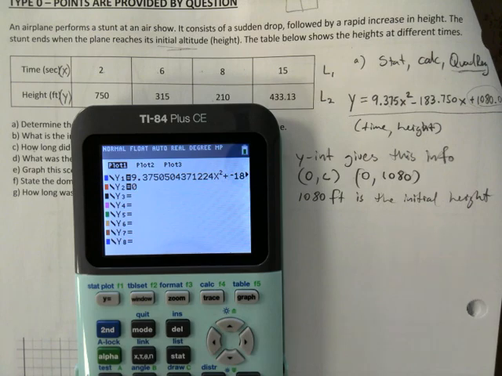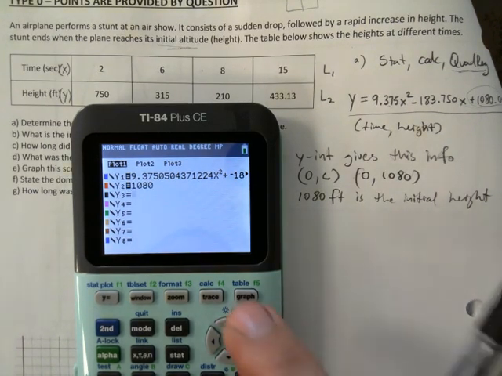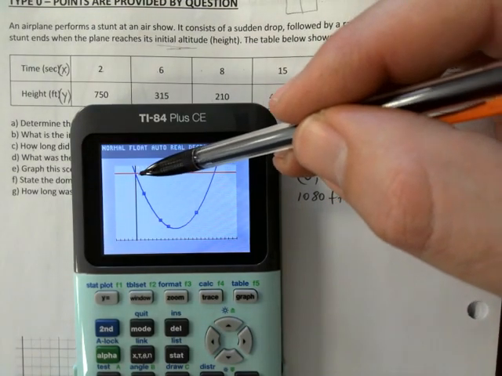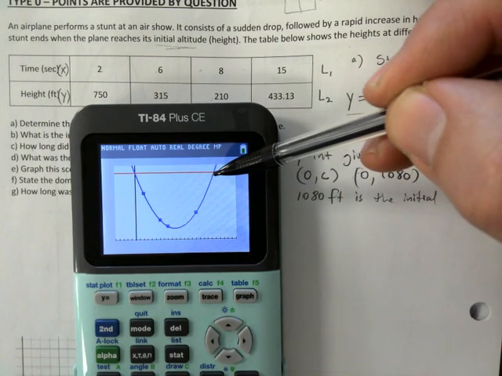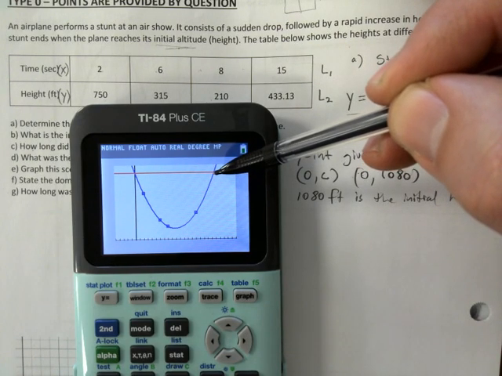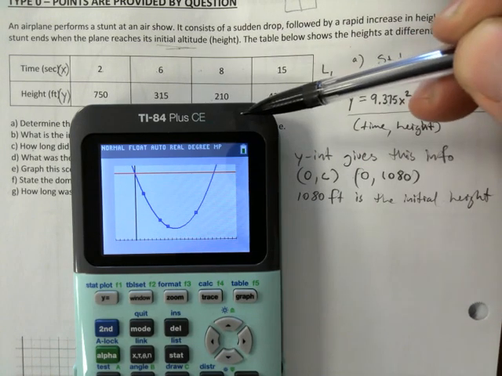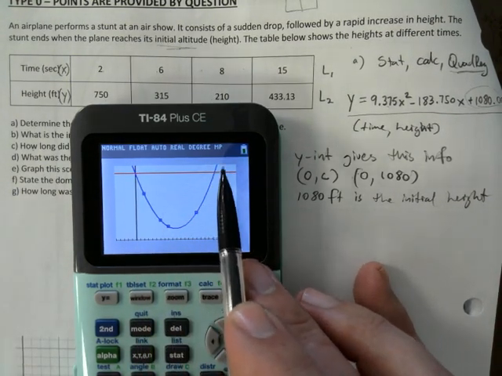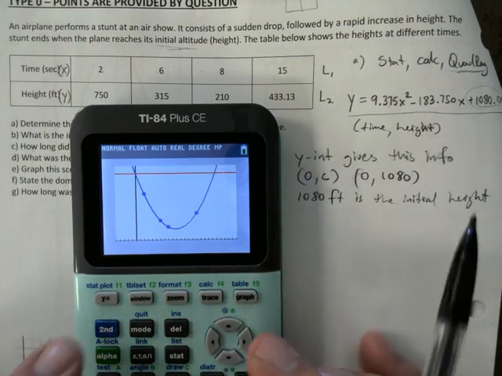Y2 is equal to what? 1080. That's right. So this tells me action starts here, it ends here. That's when the modeling is over, right? Like we're not modeling what happens afterwards. So time 0 to time here, right? So we're going to figure out that time there.